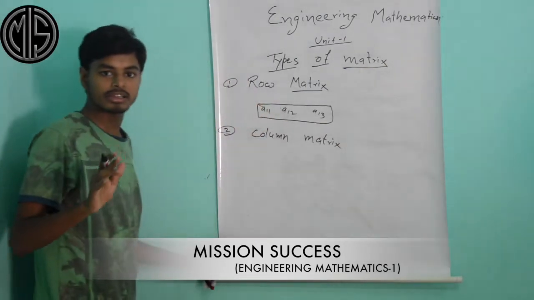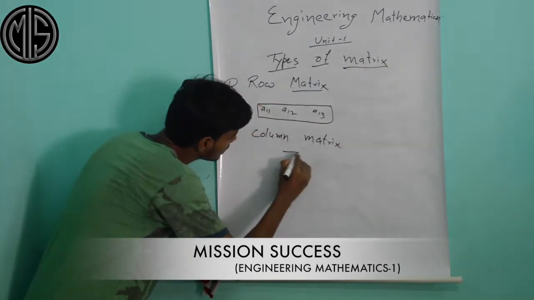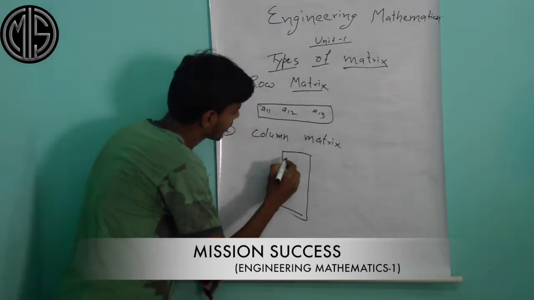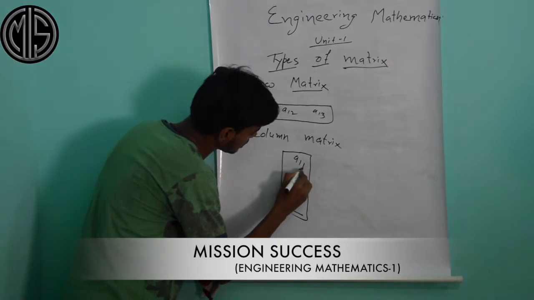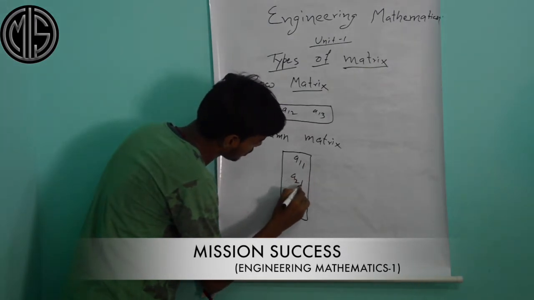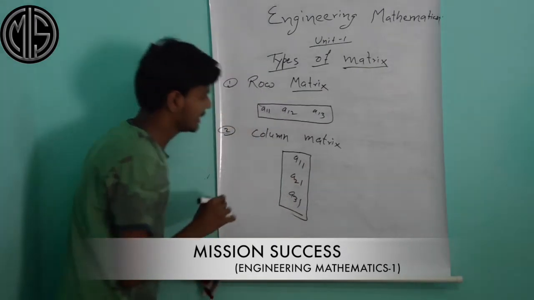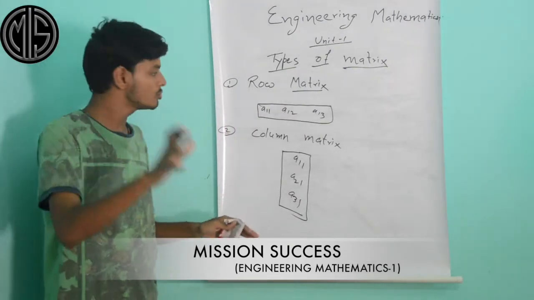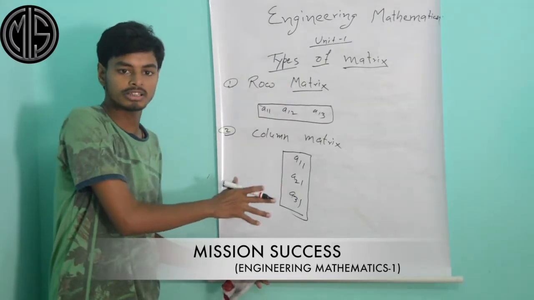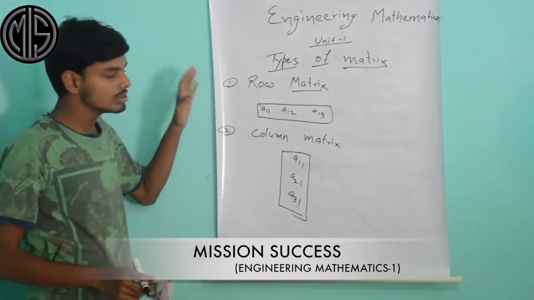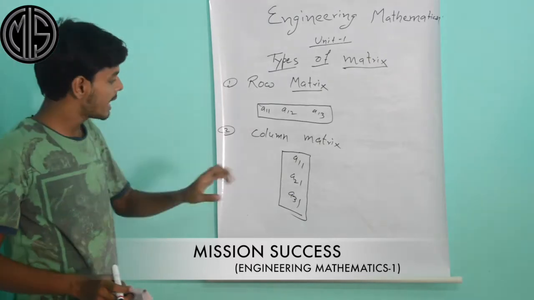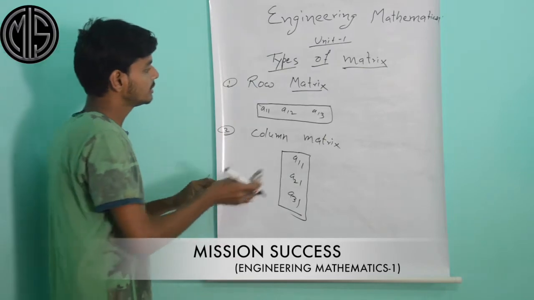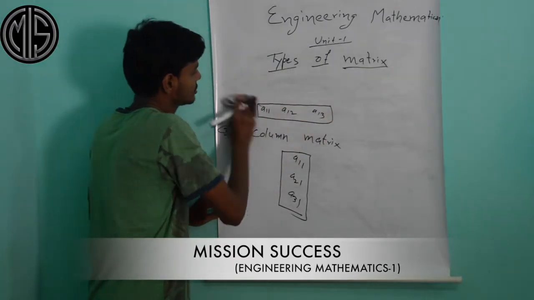Means a matrix which has only one column: A11, A21, A31. This is a row matrix, this is a column matrix. Now I think you understood what is a row matrix and what is a column matrix. Row matrix means a matrix which has only one row, and column matrix means a matrix which has only one column. Okay?